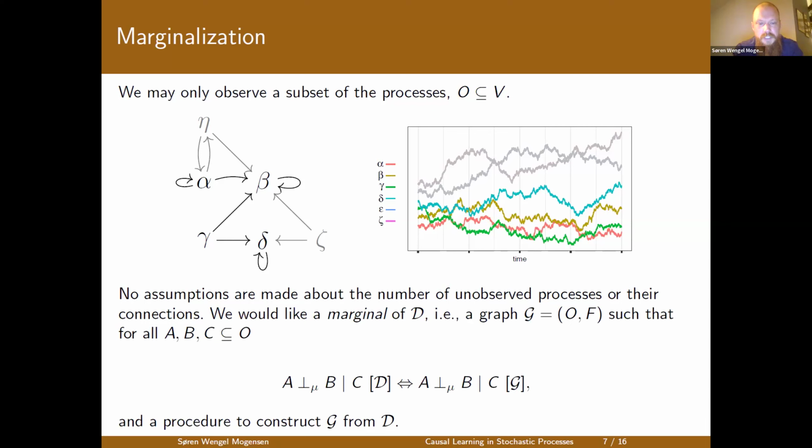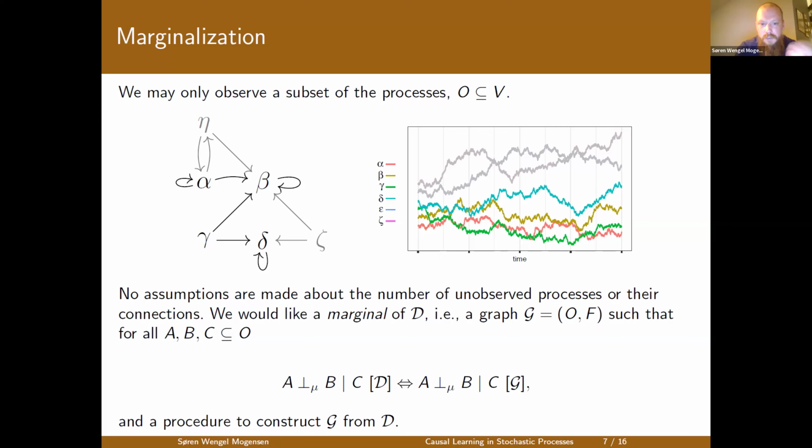So the first step is to find a marginal of D. So we want a graph G where the nodes are the observed nodes O, such that for all these A, B, and C that are subsets of O, I have mu separation in D if and only if I have mu separation in G. So this would be enough reason to call this a marginal of D, right?